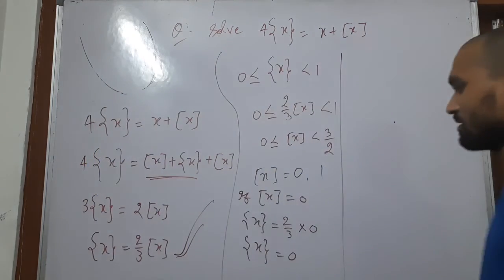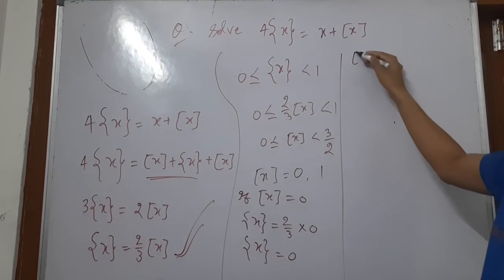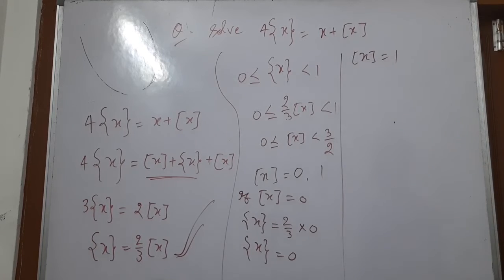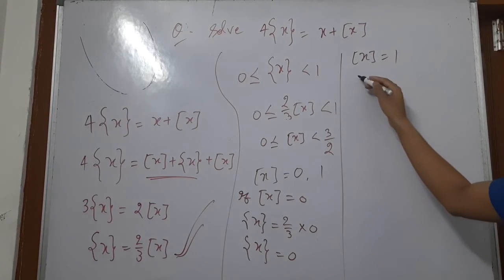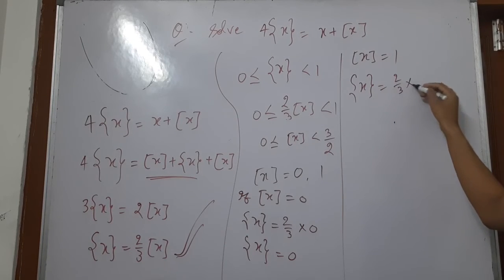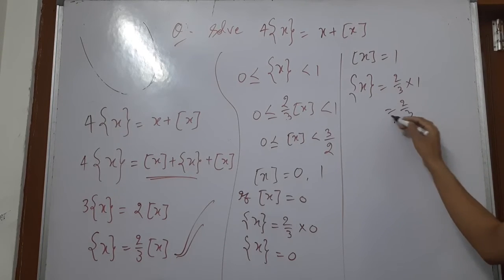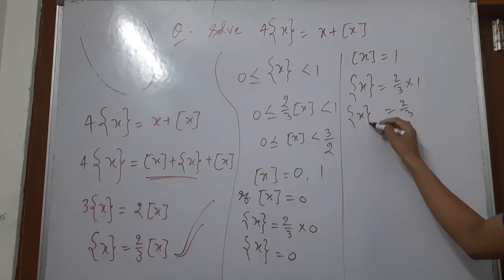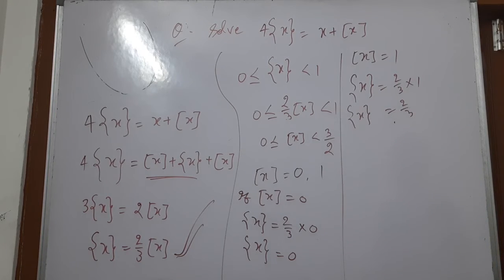Now, if greatest integer x is 1, then what will be fractional part x? Fractional part x will be 2 by 3 into 1, that is 2 by 3. Fractional part x is 2 by 3.